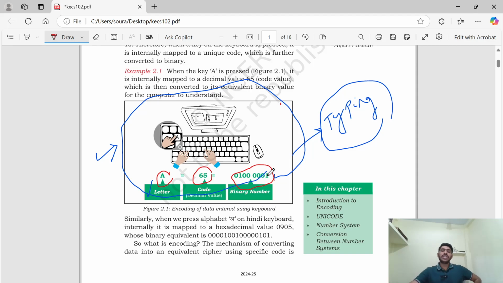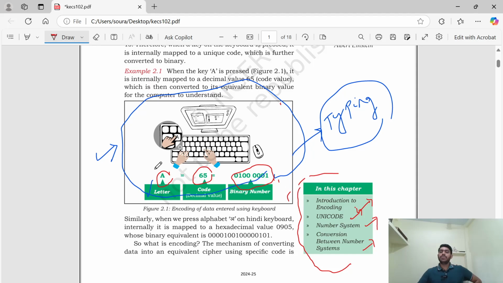So in this chapter we are going through the introduction to encoding schemes, Unicode, number systems, and conversion between different number systems. These are the things we are going to cover in the entire chapter. Clear my point?